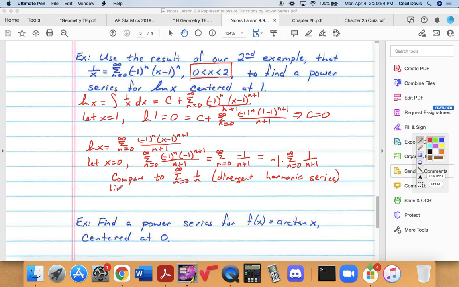And we'll take the limit as n goes to infinity of 1 over n plus 1 over 1 over n. It really doesn't matter which one you put on top and which one you put on bottom, which would be the limit as n goes to infinity of n over n plus 1, which is 1.